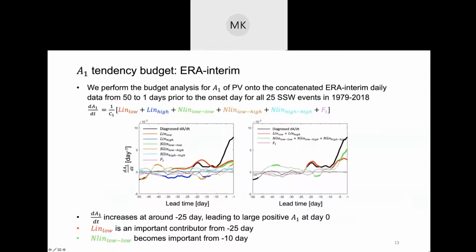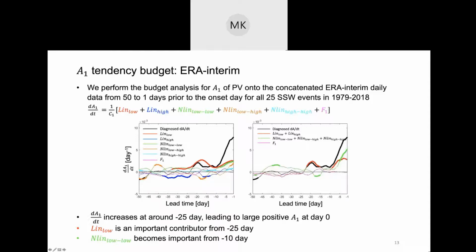Now let's take a look at the results. We performed the budget analysis for A1 of PV on the concatenated ERA-Interim daily data from 50 days to 1 day before all the 25 SSW events in 1979 to 2018. And we show the equation here again. On the left panel, we show the time evolution before the onset of SSWs for each term in this equation.